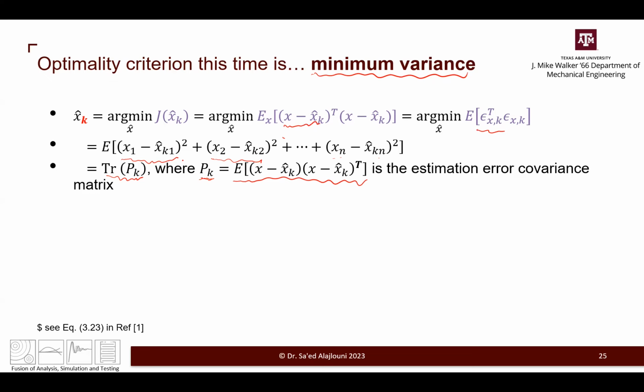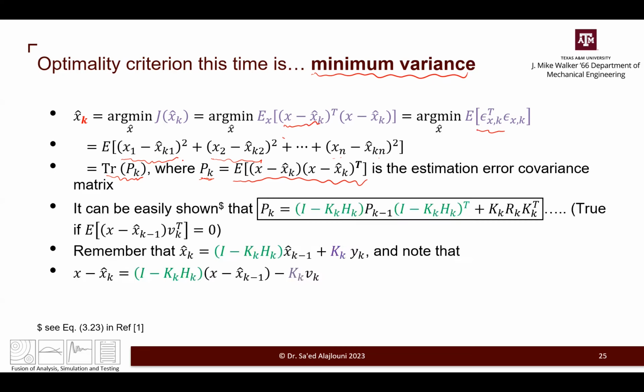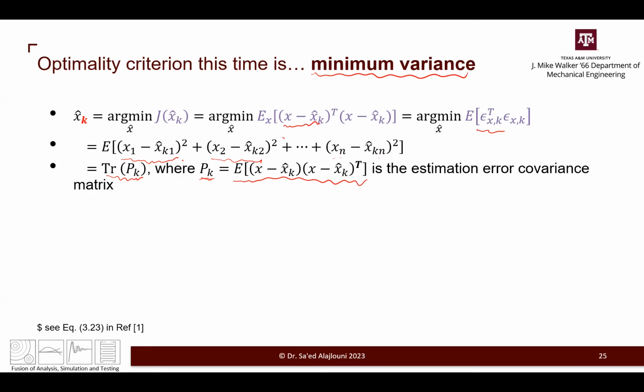Let me write here. If you have some random variable, call it v, then the expected value of v times v transpose is by definition the covariance matrix. Let's say v is some vector that has two elements, v1 and v2.